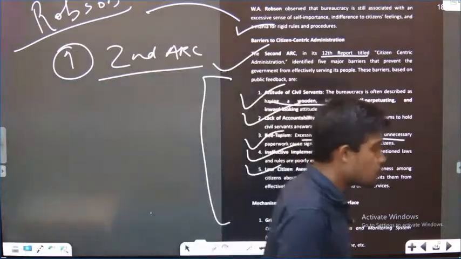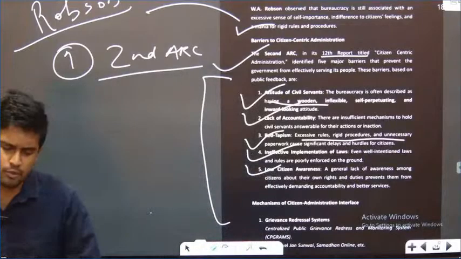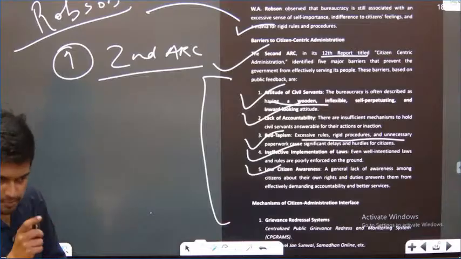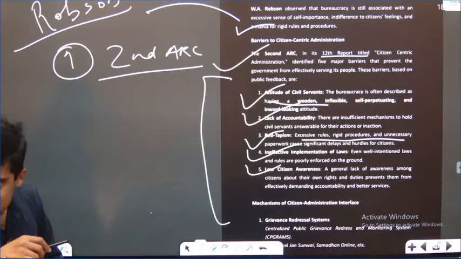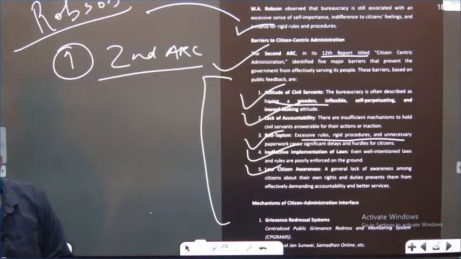Another thing you need to do, I will discuss this when we do paper 2: rather than reading the whole second ARC, you pick out the index of the second ARC. You see what keywords they are using, and you put those words in your notes.